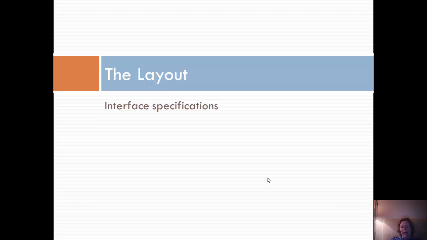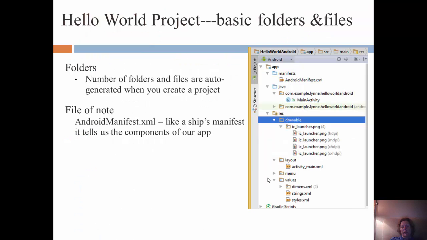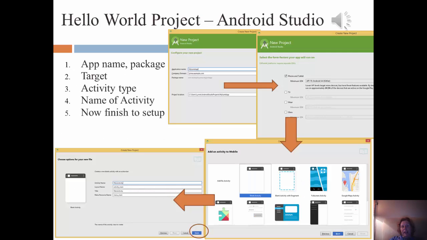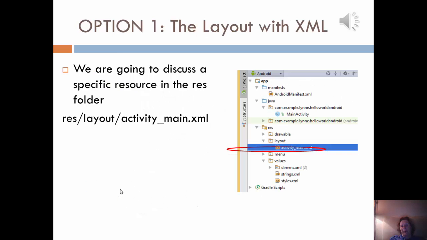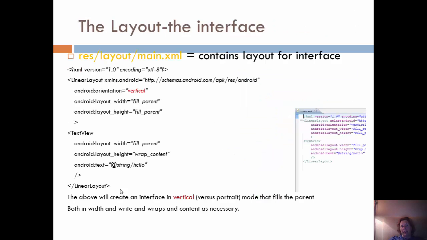If I kind of go back and look in that very last interface right before I hit finish, I specified the name of the activity, but notice I specified also the layout name, which is activity_main. So that's where that file name came from, okay? And it's generated automatically. This is what it looks like when you choose to create a blank activity application project like we just did.